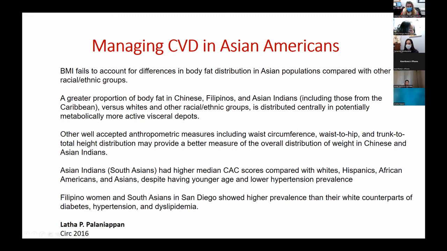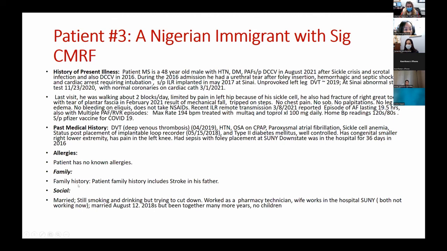Okay, moving right along to our last case. This is a sad story, but this is a young Nigerian immigrant with significant cardiometabolic risk factors. He had hypertension, diabetes, paroxysmal AFib. He was status post cardioversion here at our own institution.